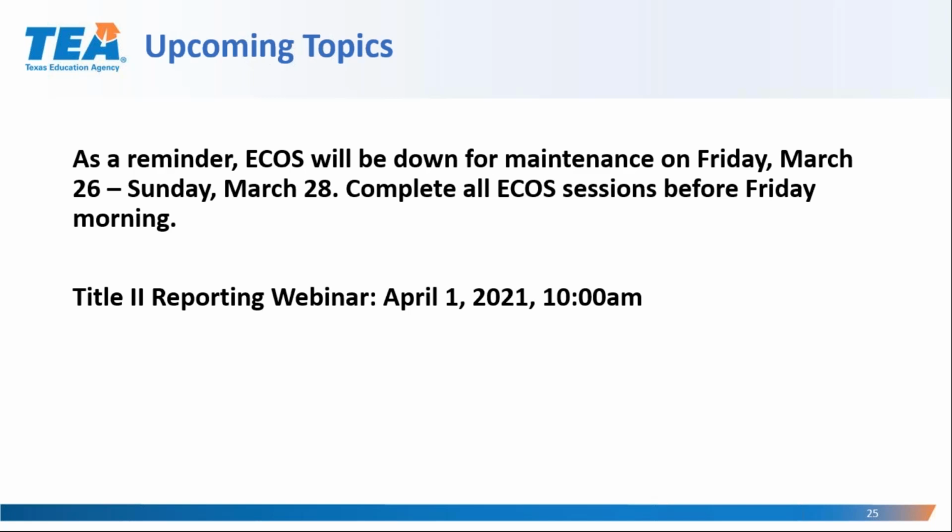EPPs are encouraged to plan so that imminent work involving ECOS or SBEC is completed by Thursday in anticipation of the outage on Friday. Also, keep in mind, this means that if you need assistance from TEA staff that requires us to look up relevant information in ECOS, we will not be able to assist you in that way on that Friday.